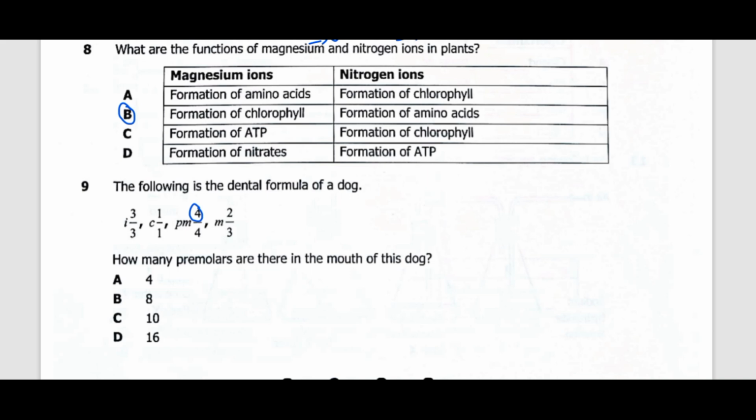So we'll add 4 plus 4 is 8. Now we know that we are going to multiply by 2. So the total is 16. So there are 16 premolars in this dental formula. So our answer is D.